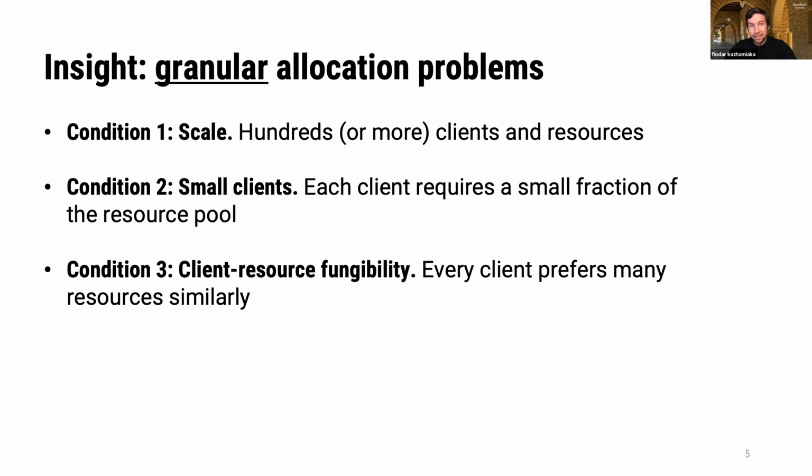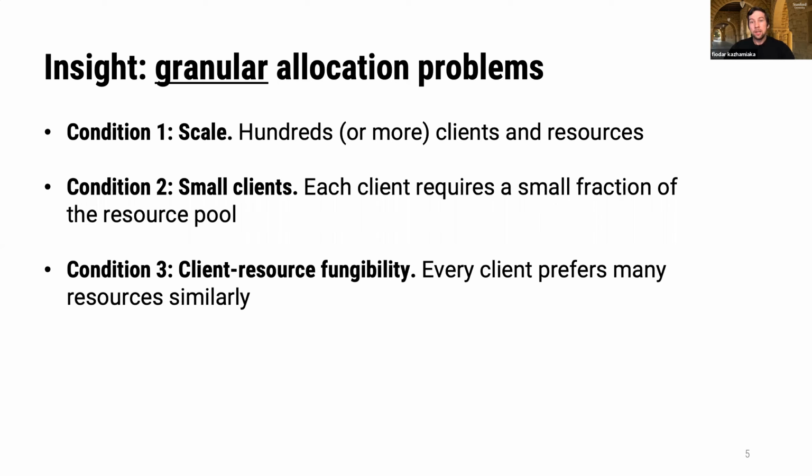Our key insight is that a number of allocation problems across domains, cluster scheduling, traffic engineering, load balancing, and databases, have several properties in common. The first is scale. Systems can have hundreds or even hundreds of thousands of clients and resources. This is partly what makes these problems hard in the first place. The second is that clients are small.